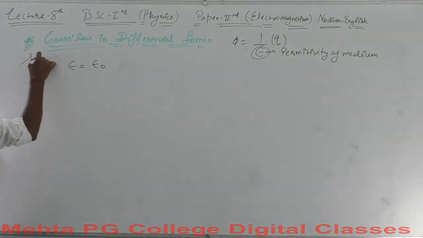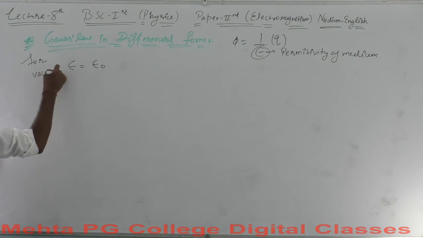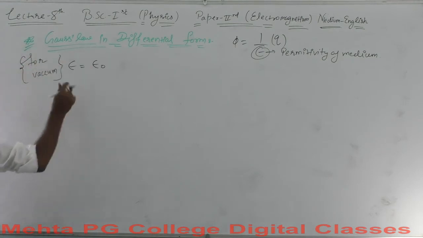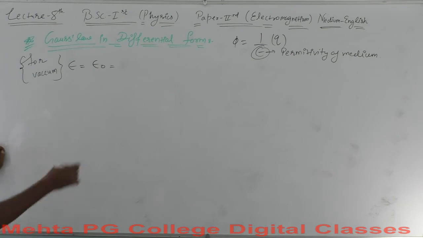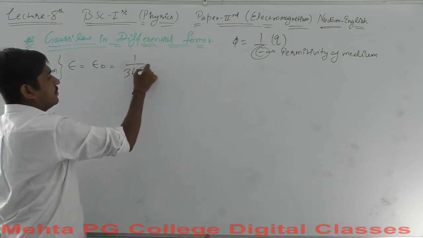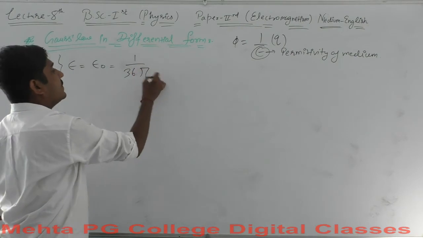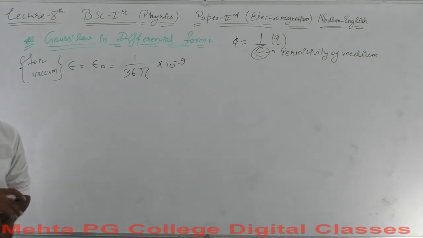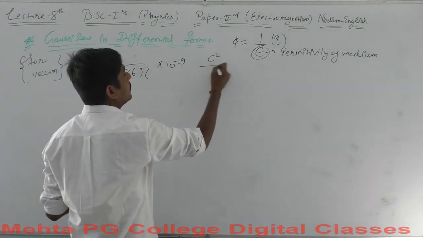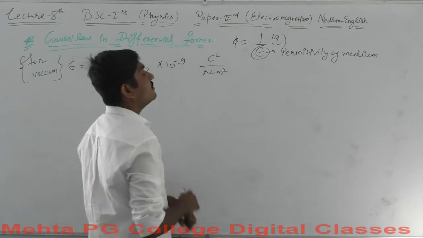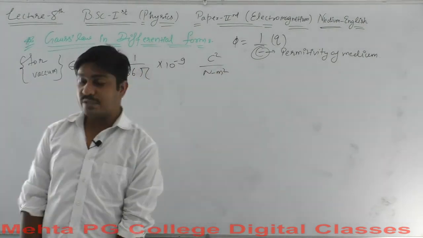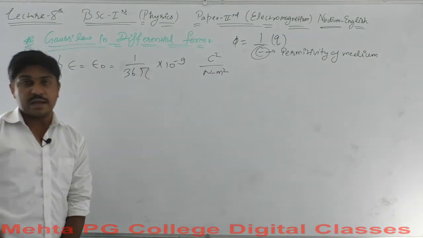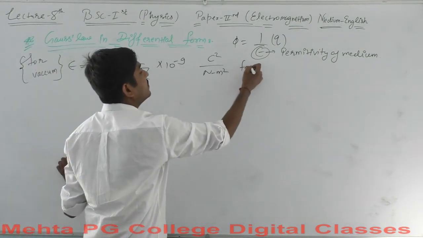For vacuum, we write epsilon naught, which equals 1 over 36 pi times 10 to the power minus 9 Coulomb square per Newton meter square. Remember this unit?